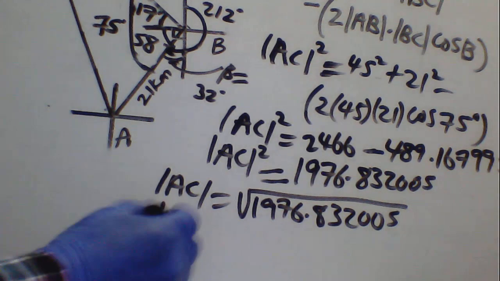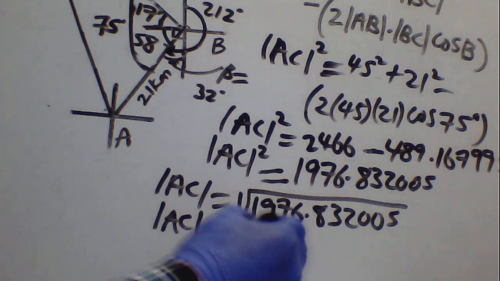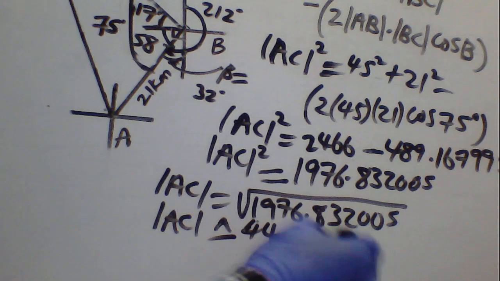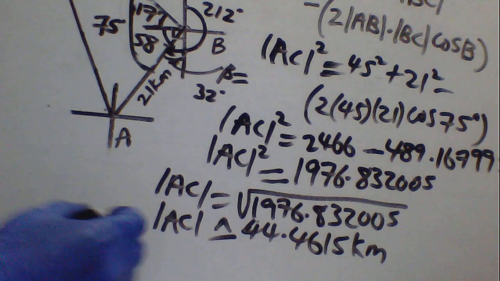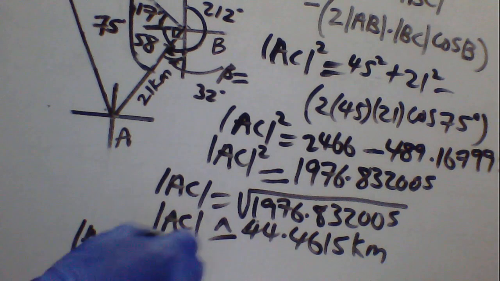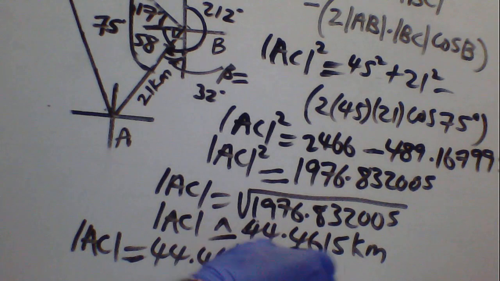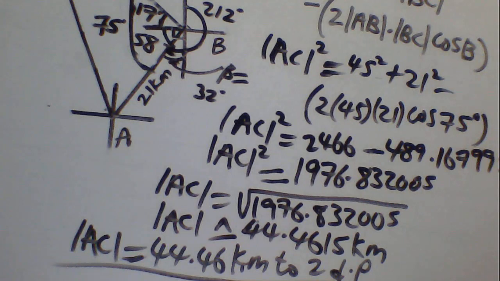So that gives us that AC is approximately equals to 44.615 kilometer, and then we now have AC is equals to 44.46 kilometer to 2 decimal places. So this is what you are required to solve, to 2 decimal places.